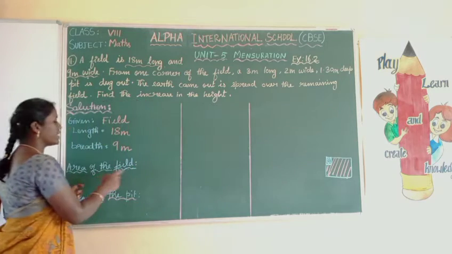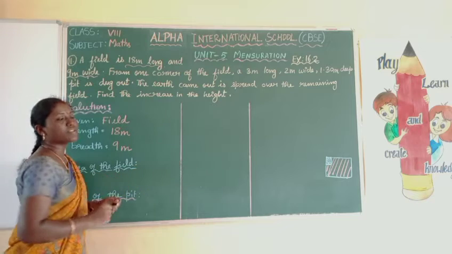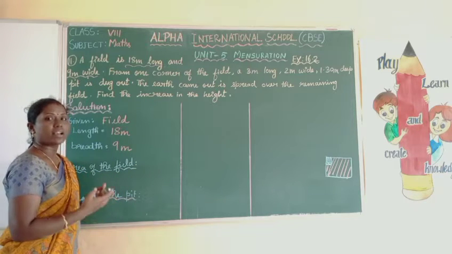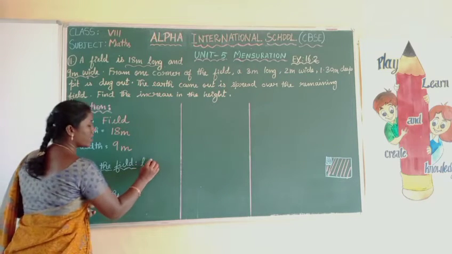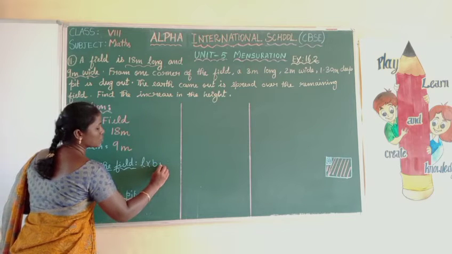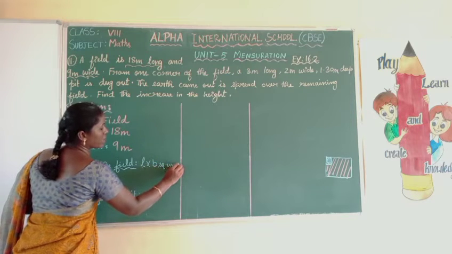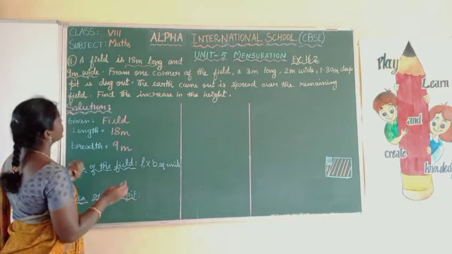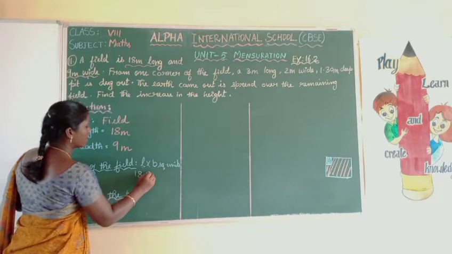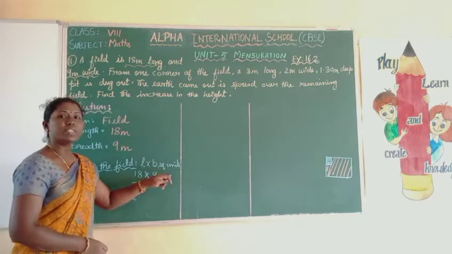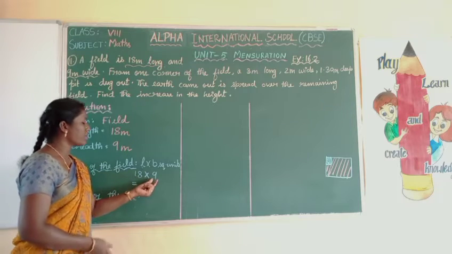So first we are going to find the area of the field. What is the shape of the field? It is a rectangle. So what is the area? Length into breadth square units. What is the length here? We have 18 into breadth square units. So length is 18 and breadth is 9.